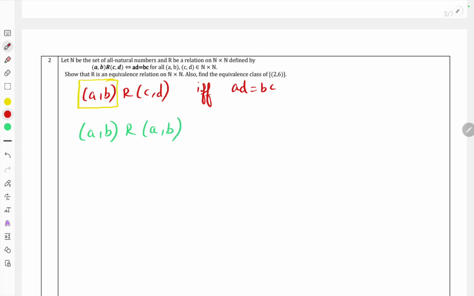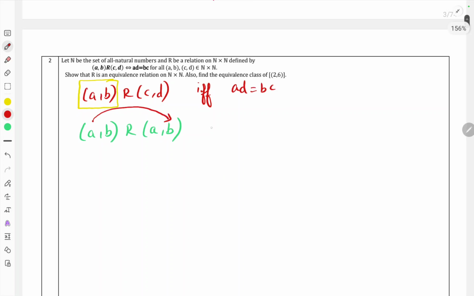If it is related, then I have to multiply, so ab equal to, from this b I multiply this one, ba. We know multiplication is commutative. So if I take a belonging to the natural numbers, b also belonging to the natural numbers, say I take 2 and 7, then 2 into 7 will be same as 7 into 2, which means it is reflexive.